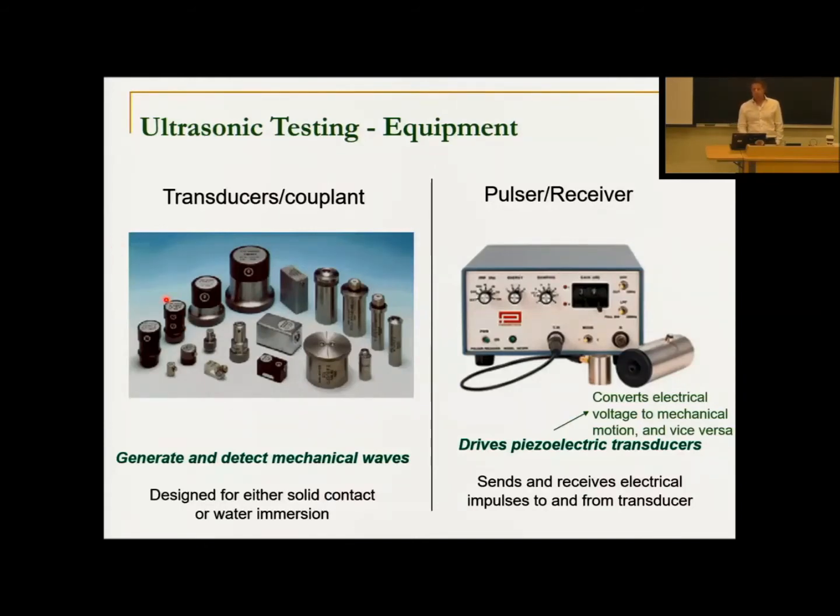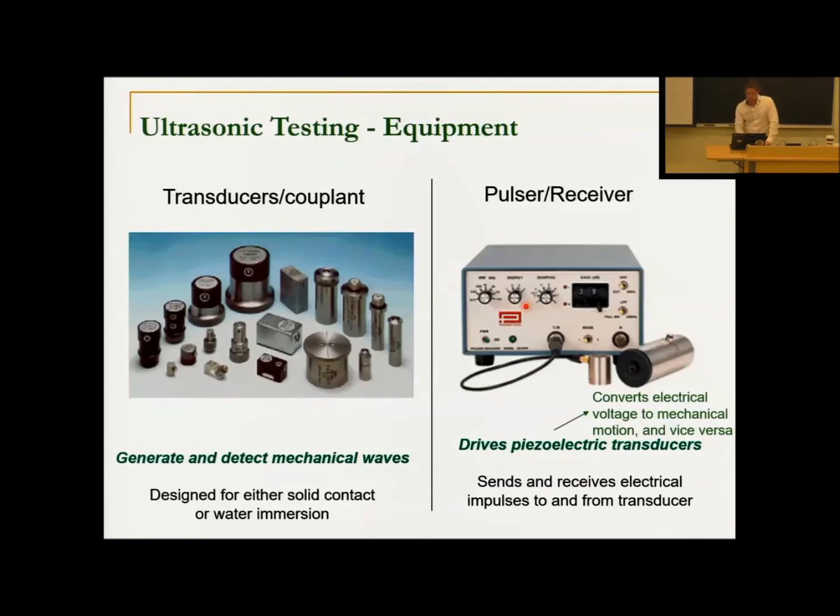Your frequency, your beam spread, your axial resolution, damping, it's all pretty much defined by the type of transducer that you select. If you want to change frequency, you have to change transducer. If you want to change beam spread and damping, you have to change transducer, right? And that transducer is excited by an electrical box which just sends a pulse and also receives the signal that comes back, right? Through the piezoelectric effect, where strain motion is converted to voltages, and vice versa.